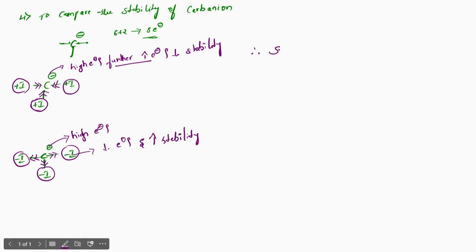Therefore, stability of carbanion is directly proportional to negative inductive groups and inversely proportional to positive inductive groups or positive inductive effect.